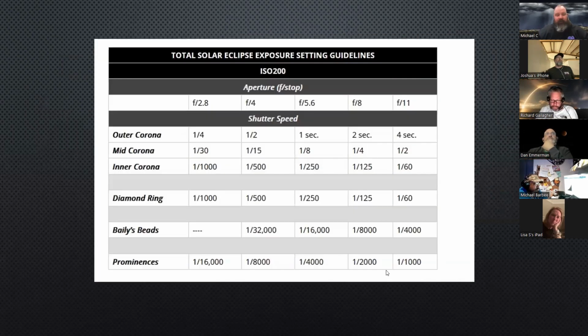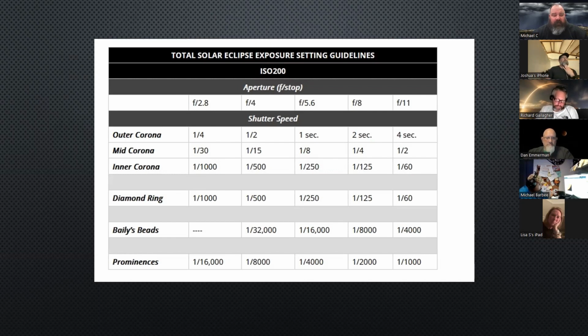One of the different charts that I did find, this gives a little bit as we go through the eclipse, your settings are going to change. But this one was suggesting ISO 200. Like for my lens, the lowest I can go at 600, I think, is 5.6.